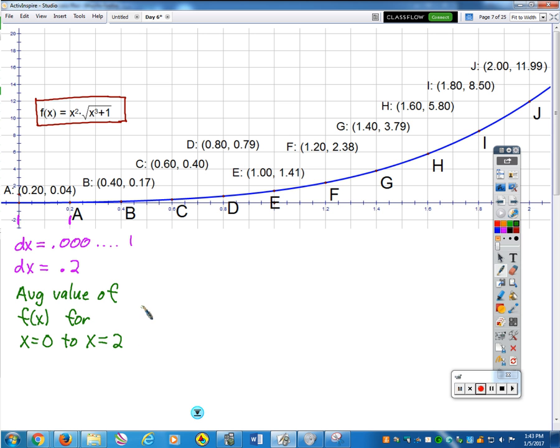The way we're going to do it is to approximate that by finding, from 0 to 0.2, we're going to let f of 0 represent all of the values between 0 and 0.2. That's our starting point. Let me just go on to the next subinterval. Since we went from 0 to 0.2, we want dx to be 0.2.